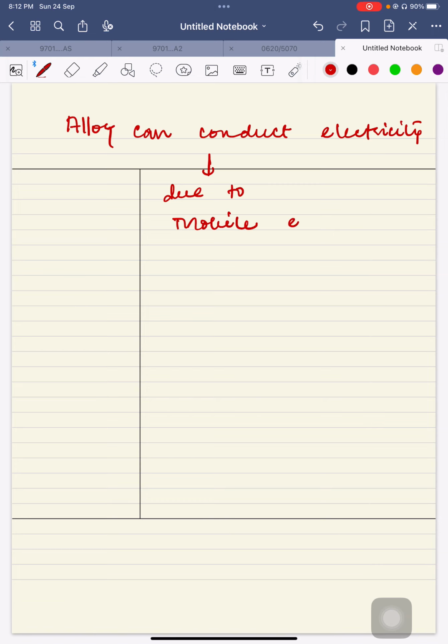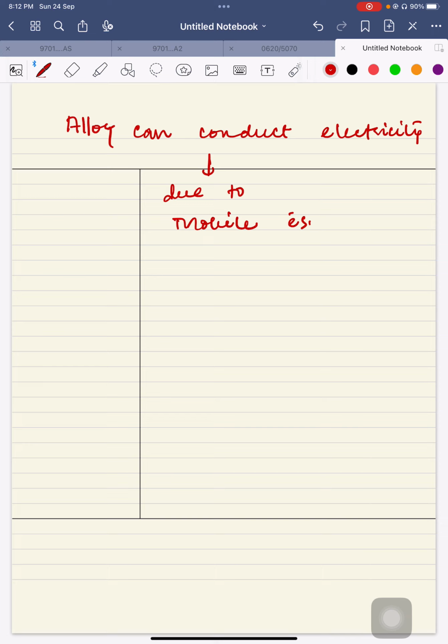Sea of electrons means that electrons are present there. Mobile electrons means that electrons are not only present there, rather they are moving, they are movable, they can move from one place to another place. So this is how the examiner is asking. We have to write that a metal can conduct electricity due to mobile electrons, and an alloy can conduct electricity due to mobile electrons, very clearly.